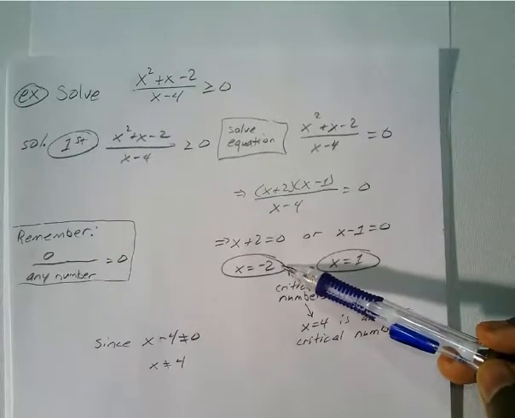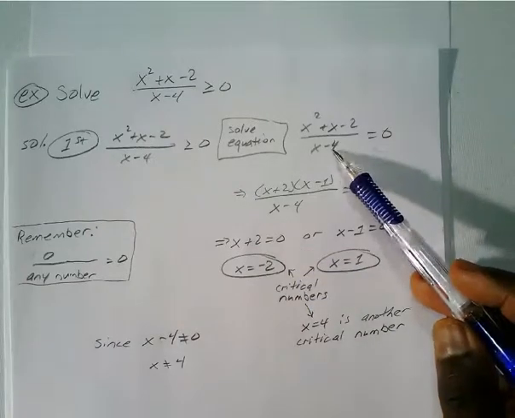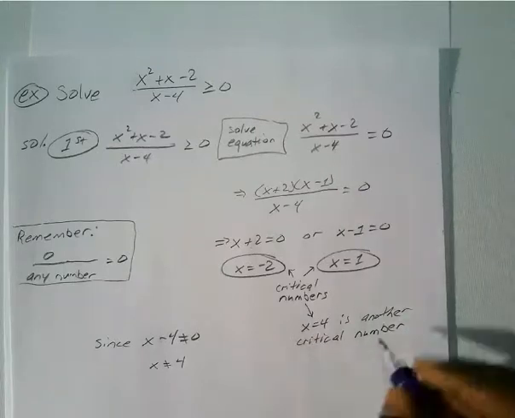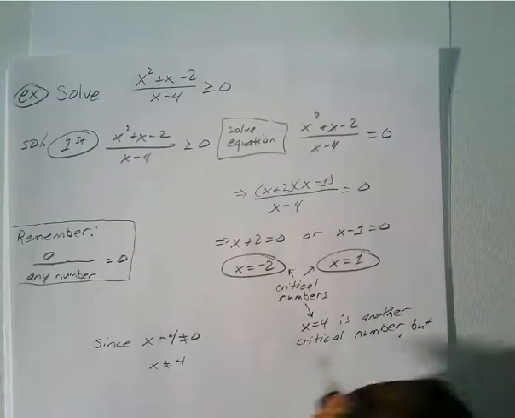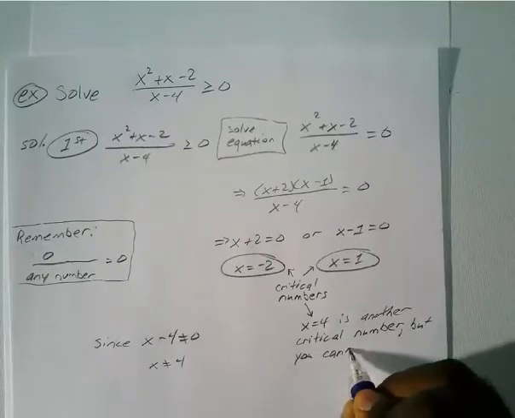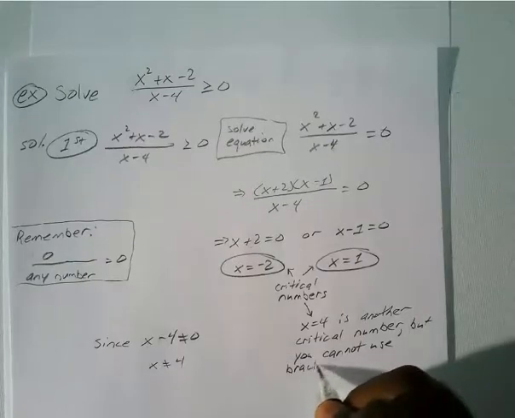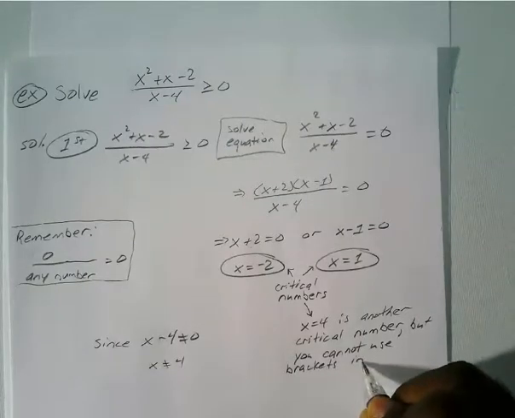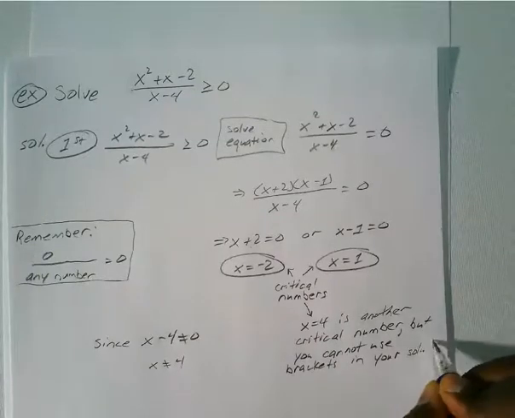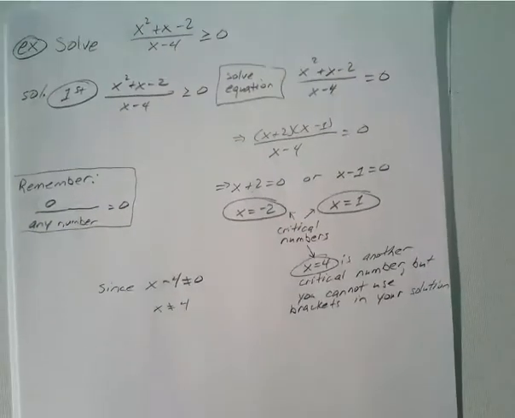Whenever you have your denominator critical numbers, those will never use the brackets in your solution. So we have our three critical numbers.